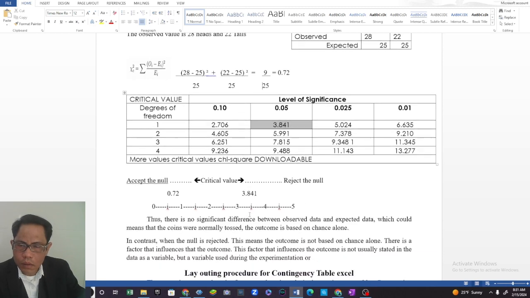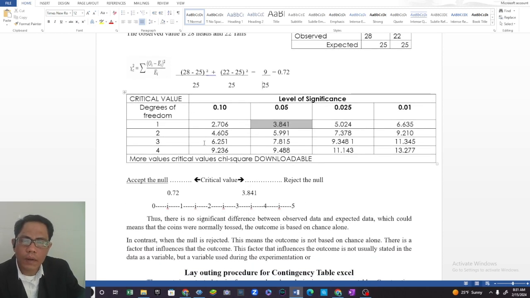So from that, we will now look at our level of significance and our degrees of freedom. Our level of significance, as I said, is 0.05, and our degrees of freedom is 1 because that's two observations, head and tail, minus 1. So we're looking at this critical value.